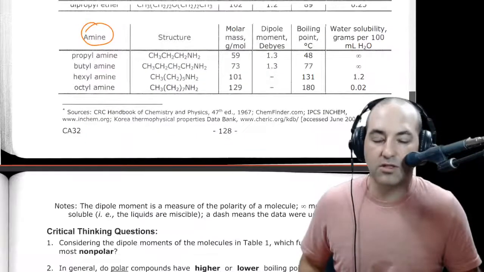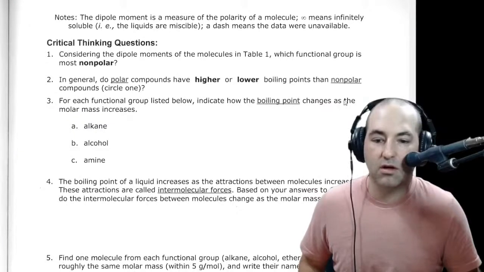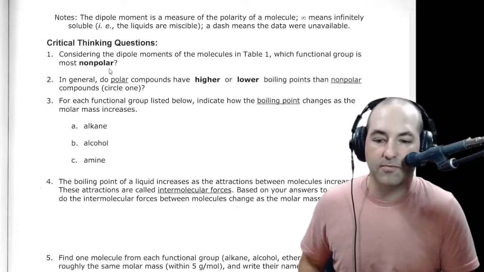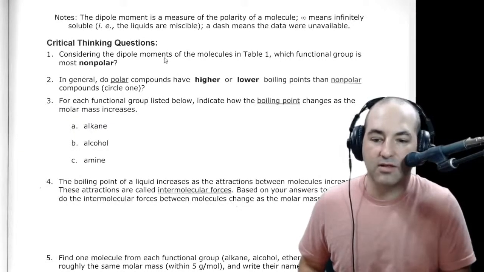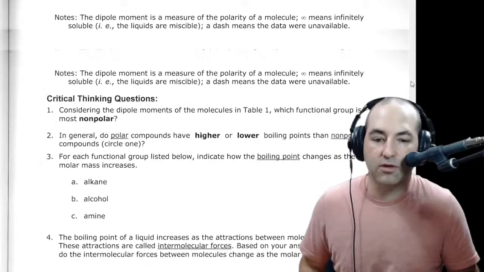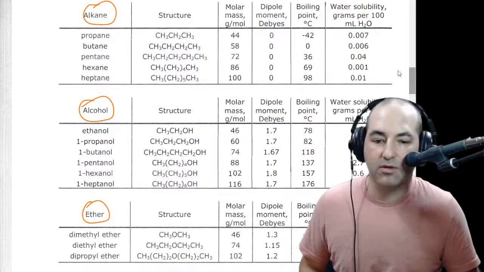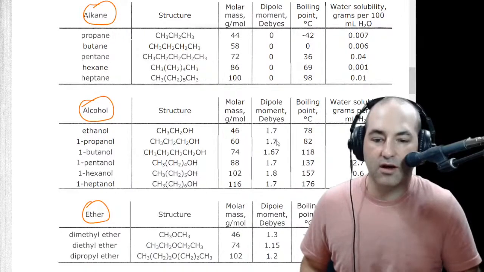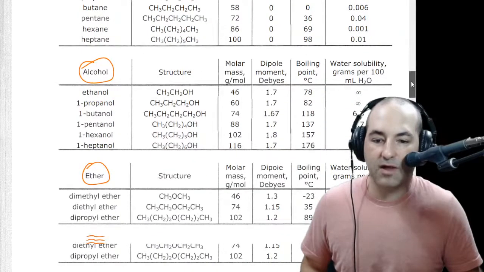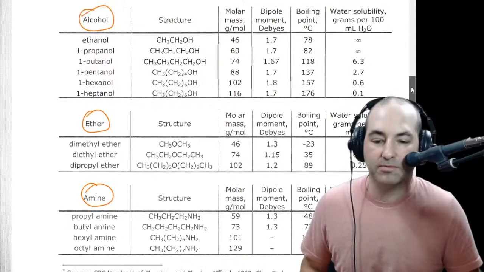So then, just like before, we want to use that information to go through the questions here. Looking at these dipole moments, which functional group is most nonpolar? We would look at the various dipoles in the various categories, and the most nonpolar is going to be the one with the smallest dipole.